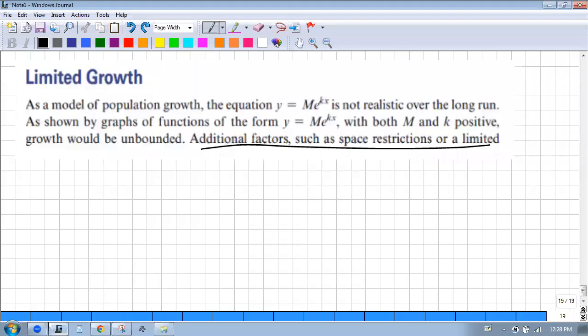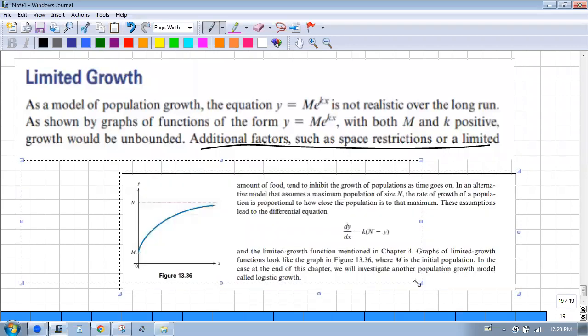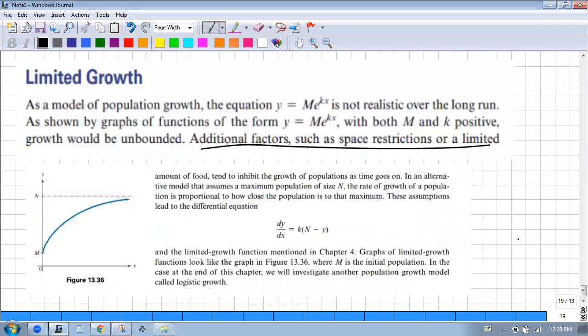So you think about population, like on the planet, they can't grow indefinitely. Eventually, there's not enough room for everybody, right? So there needs to be like a cap, right? So they call it N. Let's assume there's a maximum population size, and we call it N. So if this is our population, we want it to cap out at N, all right?